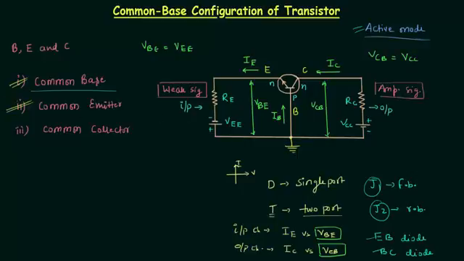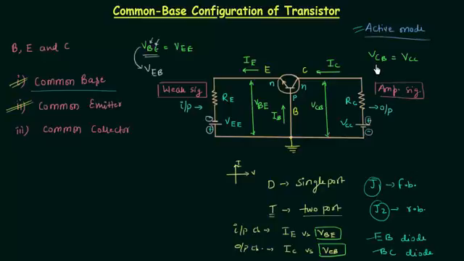Now there is one very important thing that I want to explain. You cannot write VBE as VEB. If you follow the proper nomenclature, you cannot write VBE as VEB, because B is at higher potential and E is at lower potential. So B will come first, then will come E. In the same way, if you see the collector, it is at higher potential and base is at lower potential.